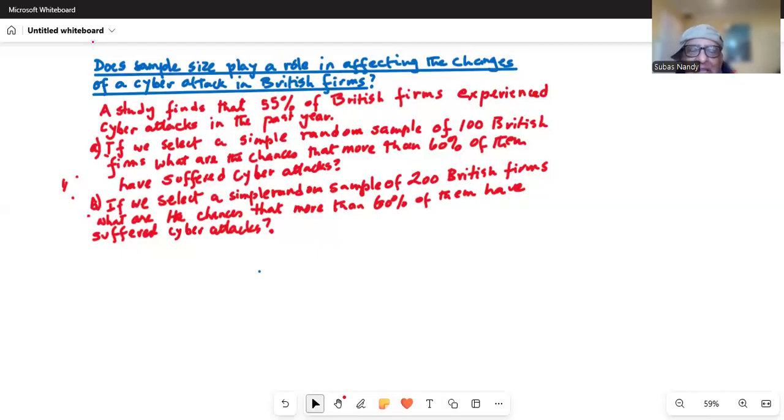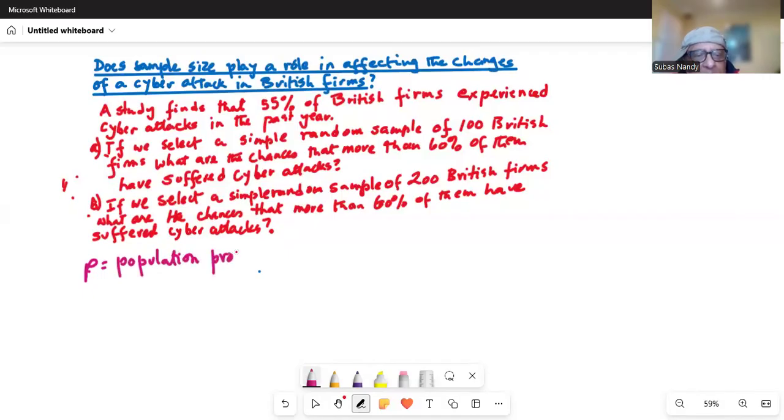size 100 in the first case, and we know the population proportion of success here, meaning the percentage of British firms that were affected by cyber attacks in the past year. So P is the population proportion of British firms that suffered a cyber attack.